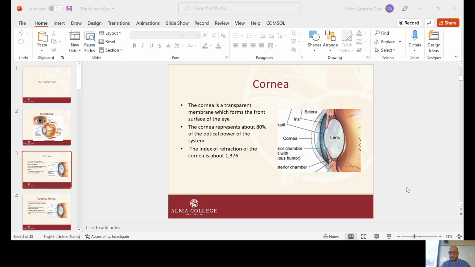Okay, I'll show you this. Okay, so this is just a regular camera lens.